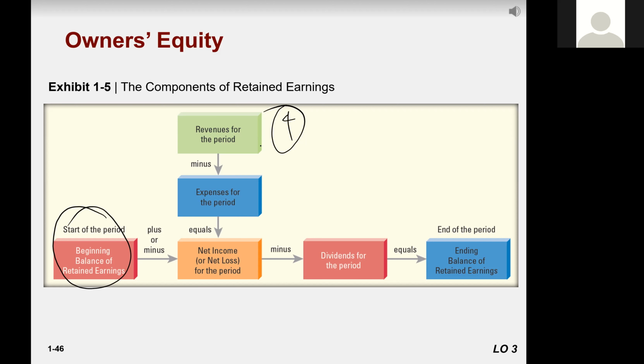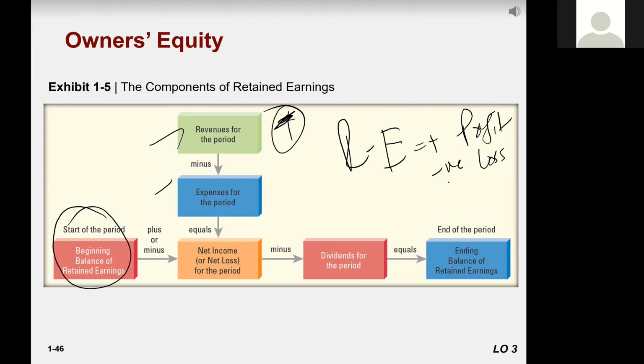And how do we calculate profit? Revenue minus expenses. If it is a positive figure, we call this profit. If it's a negative figure, we call this loss, right? So that's why here it's plus or minus. So don't worry about that.